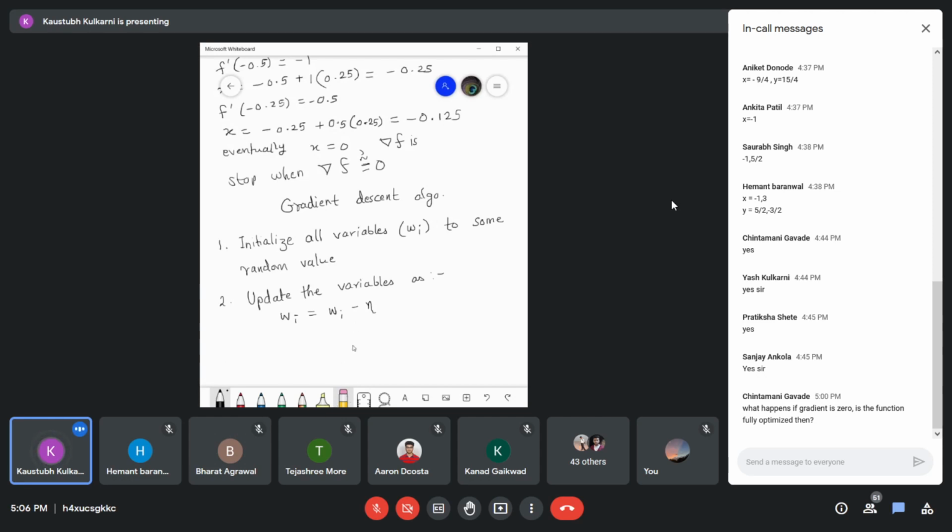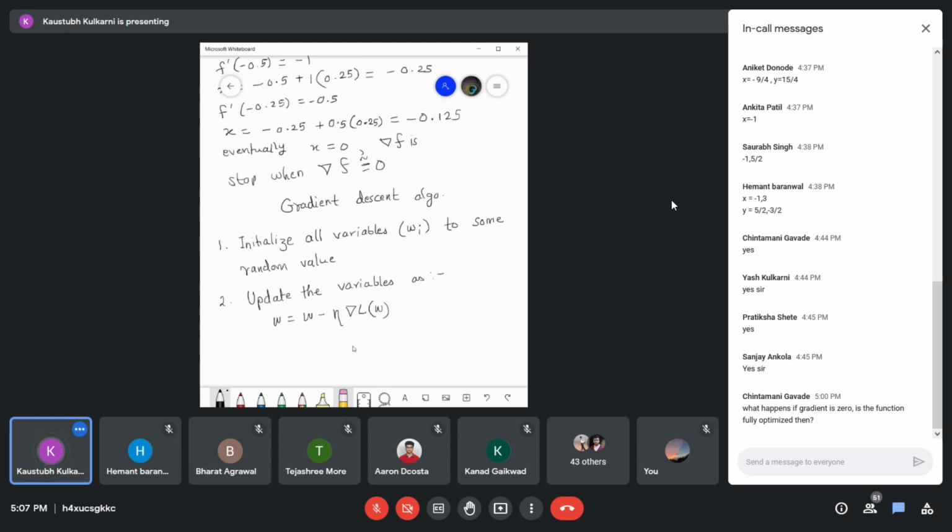I can directly write it in the vector form. That is w is equal to w minus eta multiplied by gradient of loss function of w.